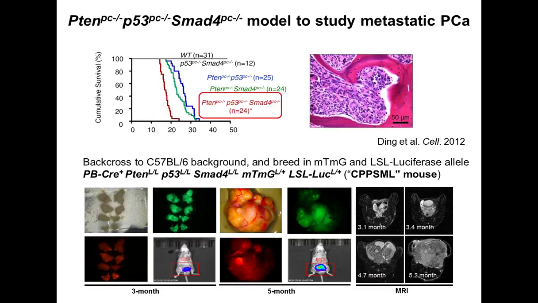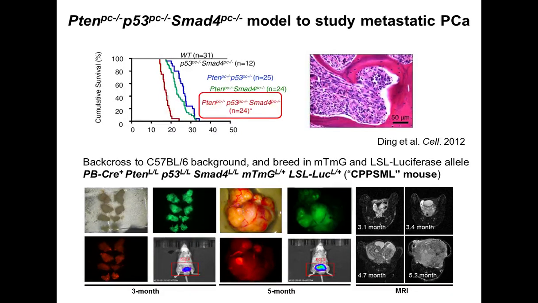And then to help us use the model, we incorporated some reporter alleles into the model. Here, particularly, we bred the mice with the mTmG allele, as well as the lox-stop-lox luciferase allele. The mTmG allele allows only the prostate cells to be labeled with GFP, while the rest of the cells are tomato positive.